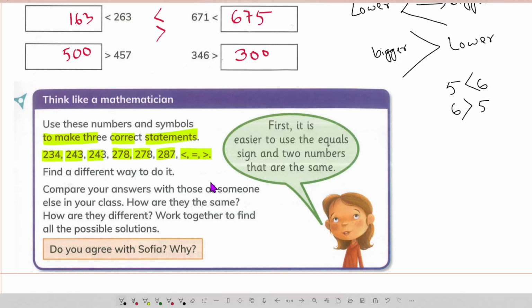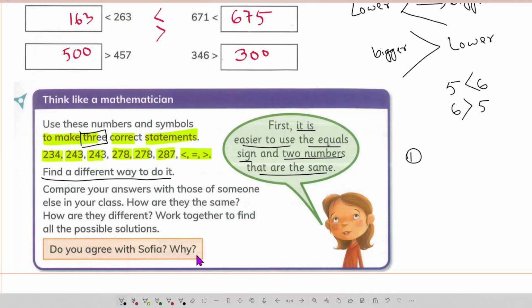Find a different way to do it, and here is also a clue: first, it's easier to use the equal sign with numbers that are the same. So we have to find 3 correct statements.